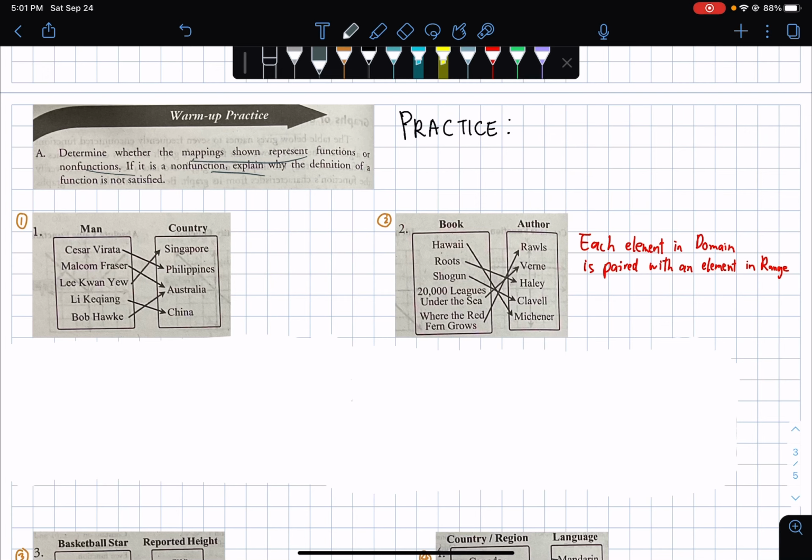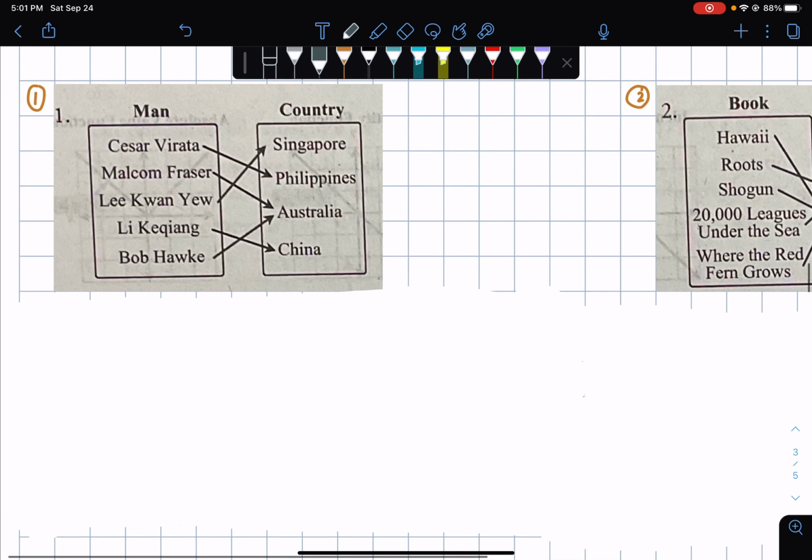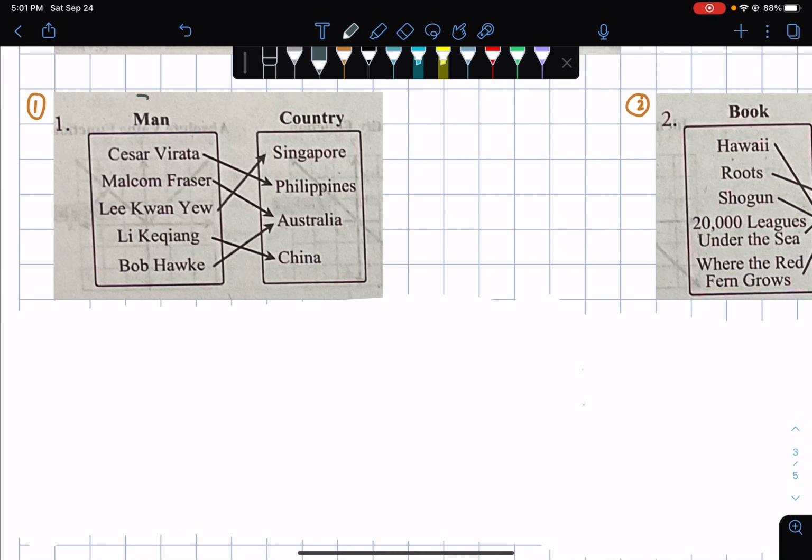So number 1, this is set A, and this is set B. Cesar Virata matches Philippines, Malcolm Fraser matches Australia, Lee Kuan Yew matches Singapore, Li Keqiang refers to China, and Bob Hawke refers to Australia.